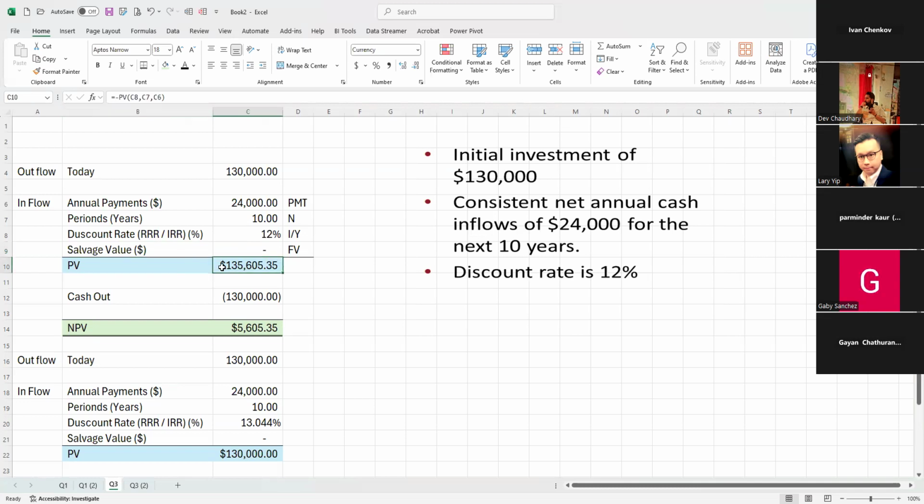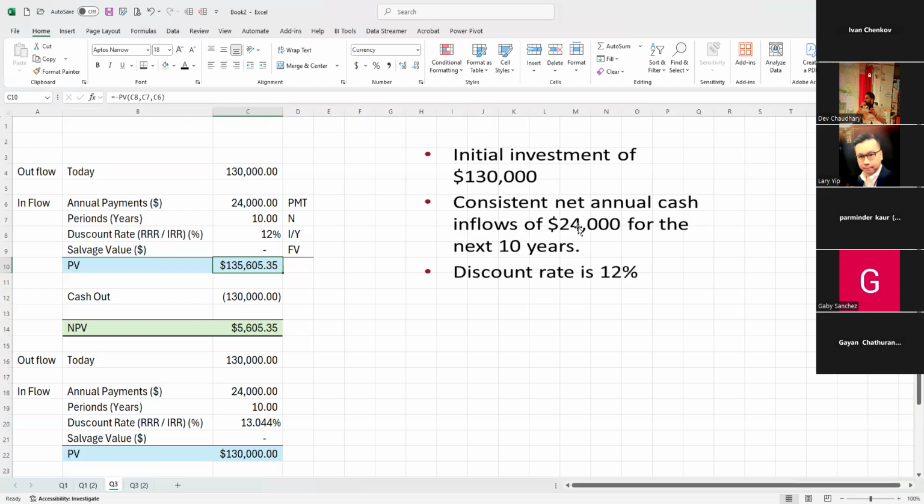But what you have to do is 10 calculations, because first you're going to find out what the $24,000 is worth today if you receive it at the end of the year. Then you're going to find the value today if you receive it at the end of the second year. Then you're going to see the present value of the $24,000 received 3 years from now, and 4 years from now, and 5 years from now.